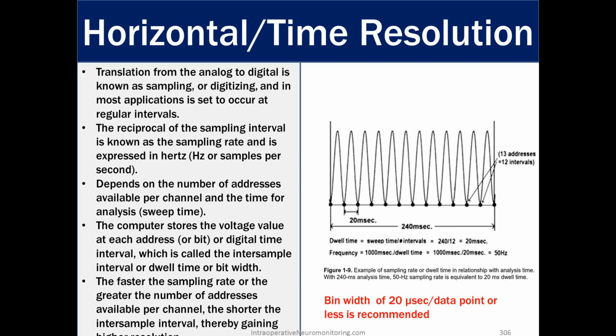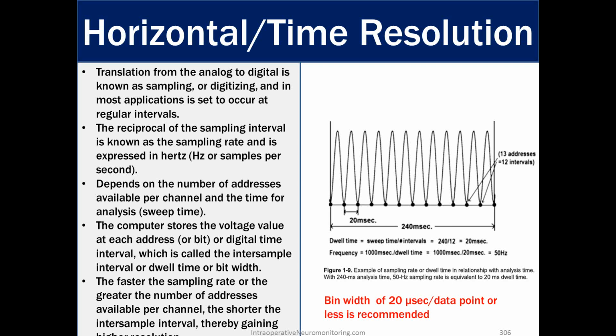The computer stores the voltage value at each address or bit or digital time interval, which is called the intersample interval, or dwell time or bit time. Those are 3 AKAs. The faster the sampling rate, or the greater the number of addresses per channel, the shorter the intersample interval, thereby gaining higher resolution.